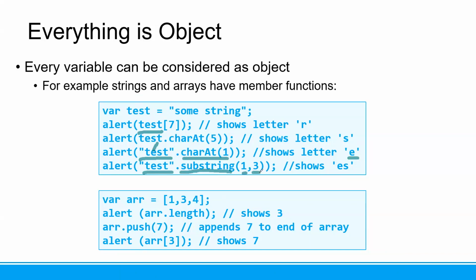So it is not 1, 2, 3, but actually it is only 1 and 2. So the maximum is 3, so 3 is not included. That's why we will have only 2 letters, which is E and S. T is index 0, E is index 1, S is index 2, T is index 3.